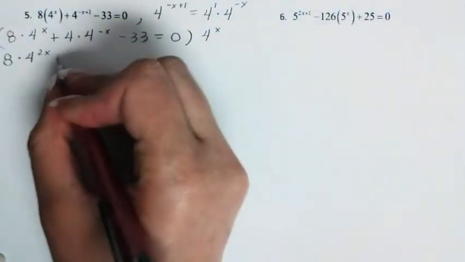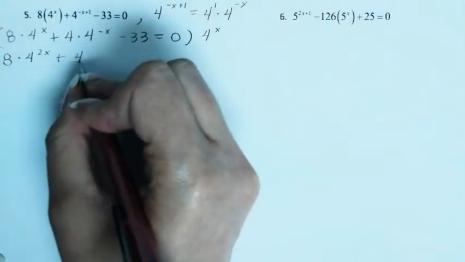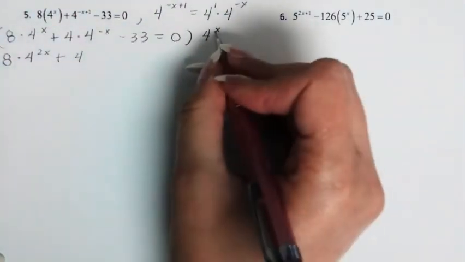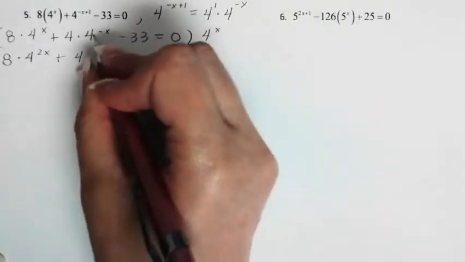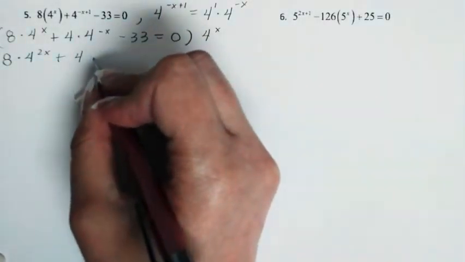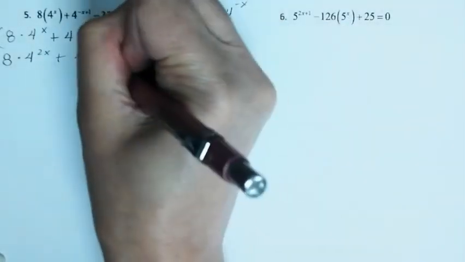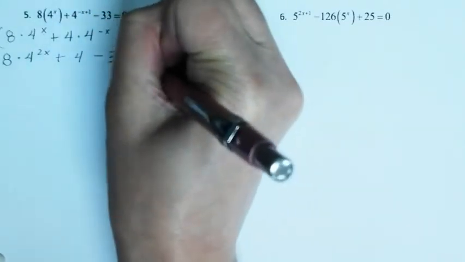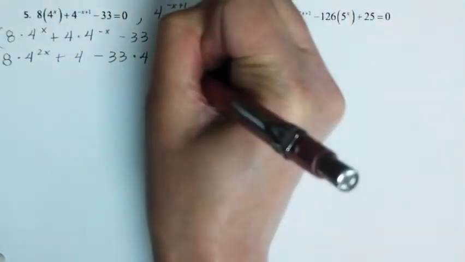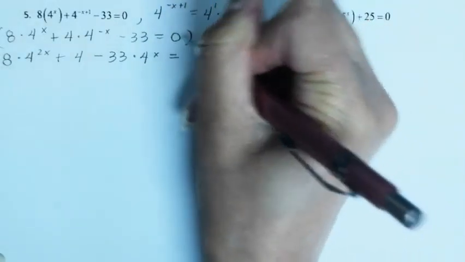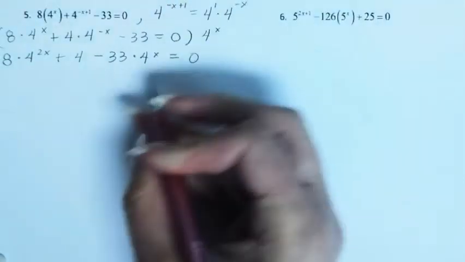This one again, similarly to the previous one, becomes a 4 alone, because negative x plus x is going to be 4 to the 0, which is a 1. So technically you have a 1 here that I don't need to write. Then you have negative 33 times 4 to the power of x, and then this is going to be equal to 0, because you know that 0 times whatever is 0.